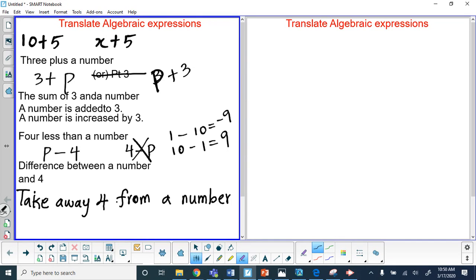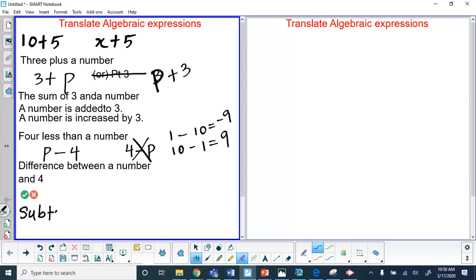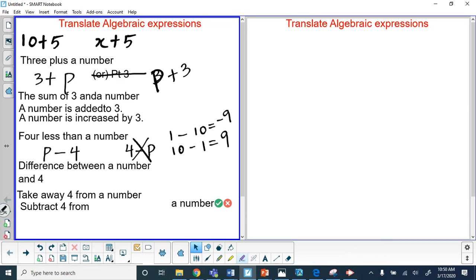And subtract 4 from p, which means subtract 4 from a number. Okay, these are the different ways to describe p subtract 4.